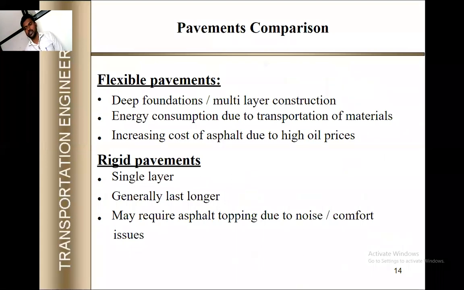There is energy consumption due to transportation of material, and the cost of asphalt is increasing due to high oil prices. In the rigid pavement, only a single layer is there. It generally lasts longer, and may require asphalt topping due to noise and competition. If we have to provide noise-free surface, then we can add one asphalt layer. So this is the general comparison between these two.